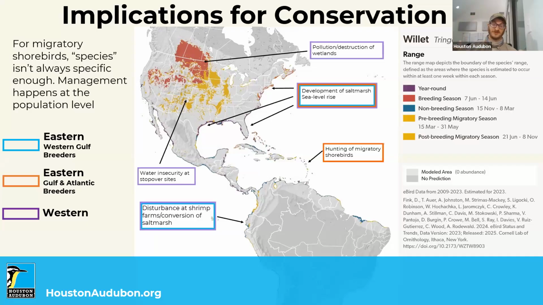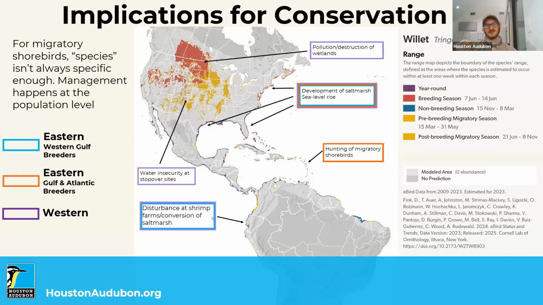But particularly on our coasts, because the Western Willets are here in the winter and the Eastern Willets are trying to breed there. And both species across all these different populations use these sites too during migration. So protecting salt marsh and having high quality sites for them to stop at and to breed in winter is important year round.